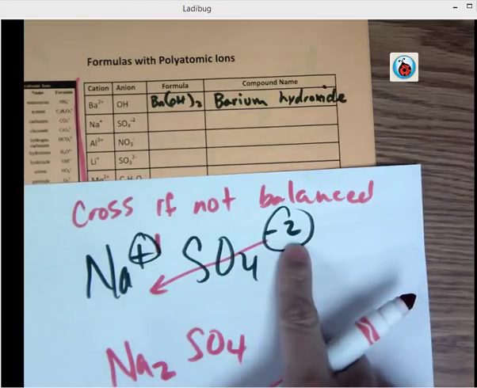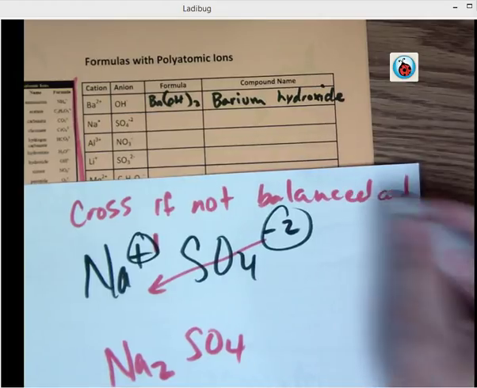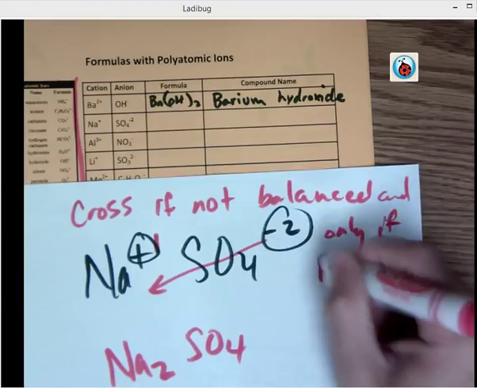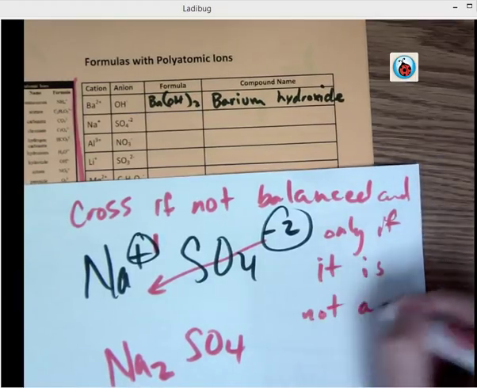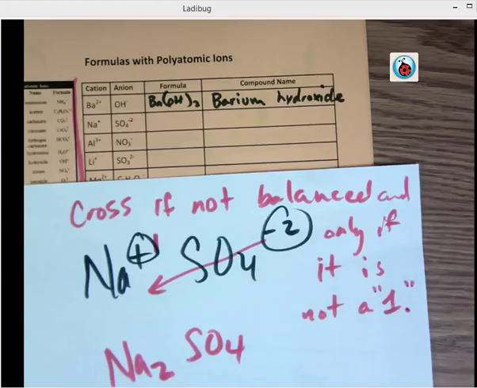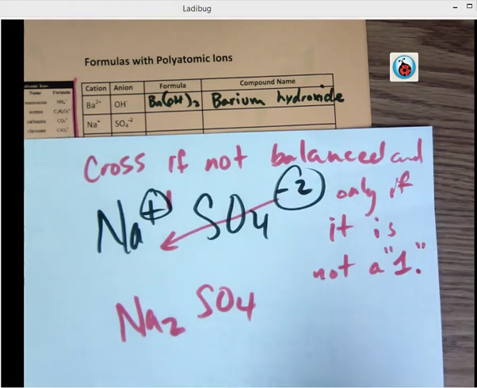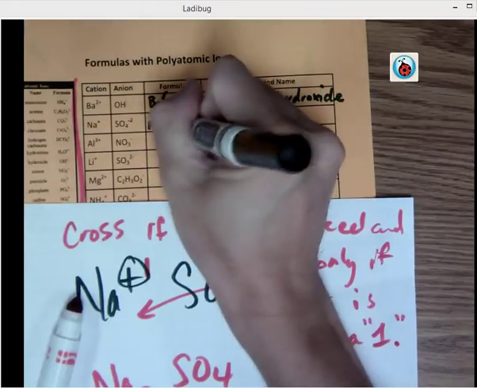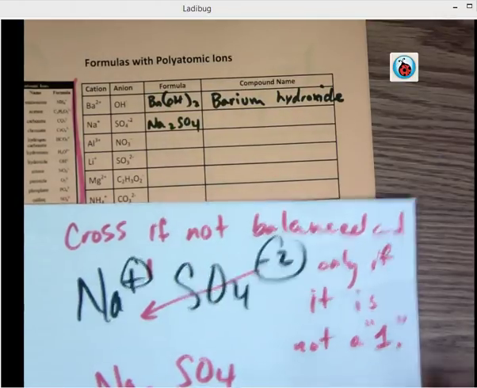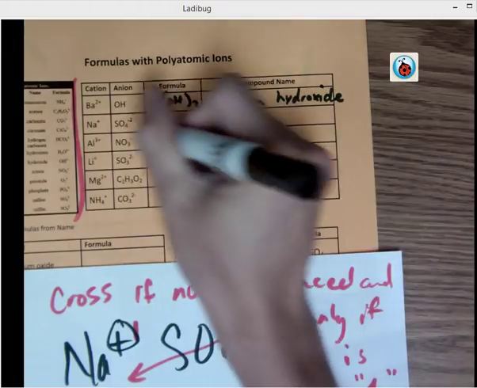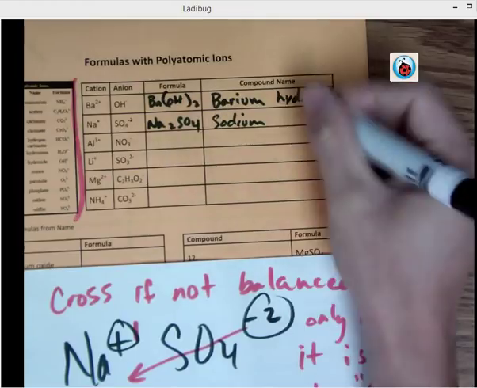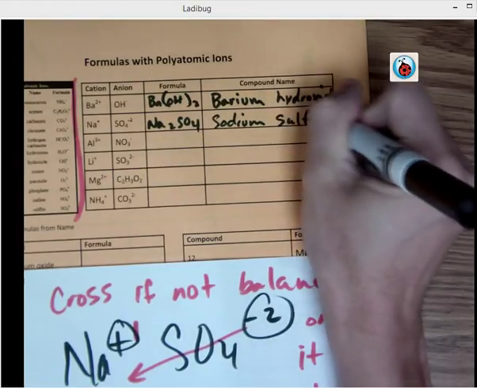You cross only if it is not a 1. If it's +1 or -1, you don't need to cross it. So you cross the 2 over, so it's Na2SO4 for that. And for the compound name, the metal is sodium. Name the polyatomic ion. SO4 is sulfate.